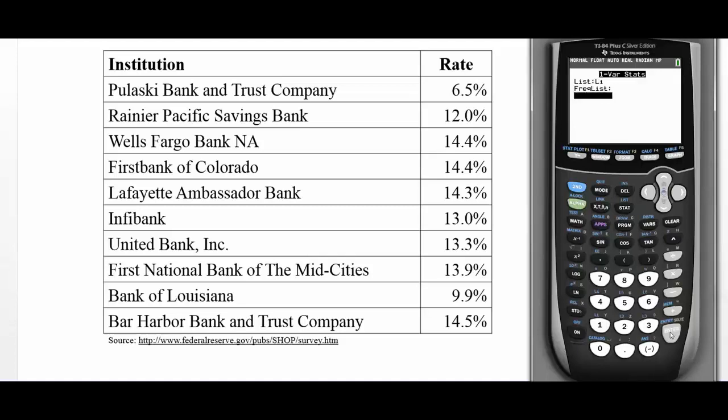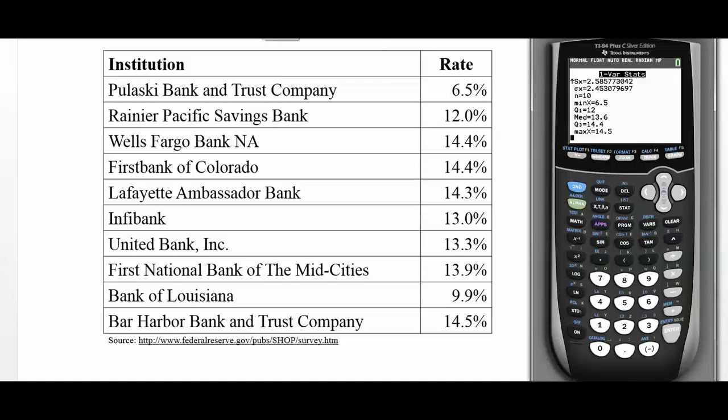And we're just going to calculate the one variable statistics for this particular data set. And as we scroll down, we see the numbers we need. So the minimum is 6.5, Q1 is 12, median is 13.6, Q3 is 14.4, and the max is 14.5. So those five numbers comprise what's called the five-number summary for this particular data.